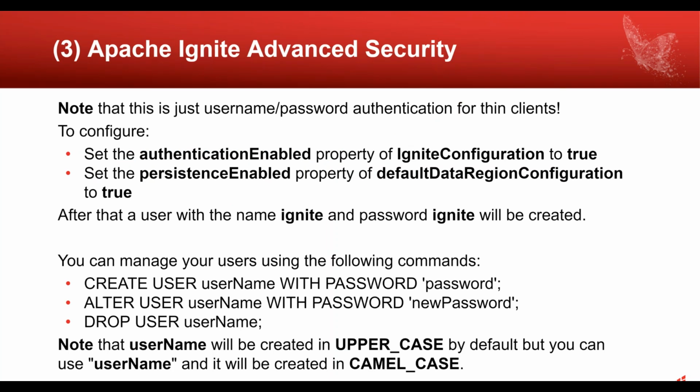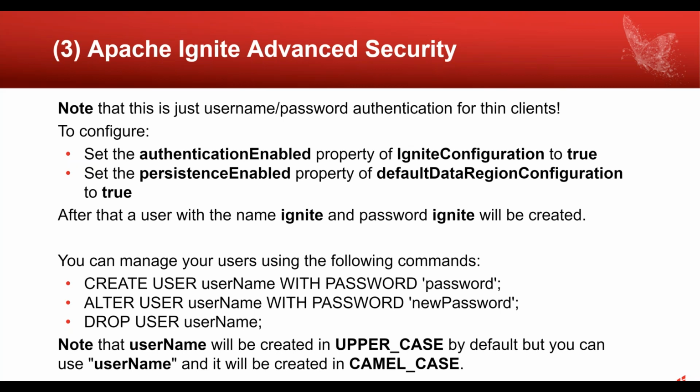One is authentication enabled, which should be set to true, and the other is persistent enabled, which should be set to true for the property named default data region. Okay, and after that, when you start your server node, you will create a custom user with the name Ignite and password Ignite. This user can be used to create other users, and after that it can be removed.